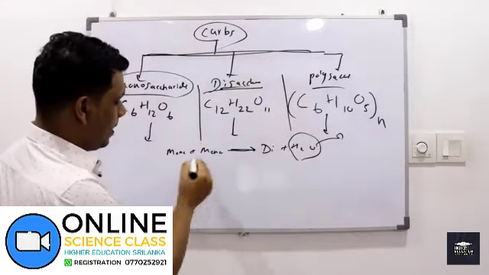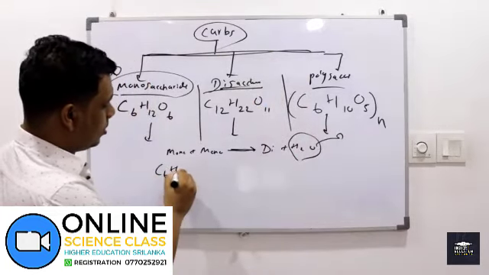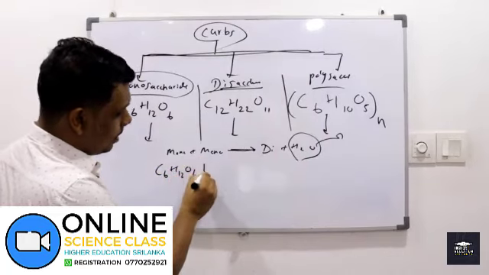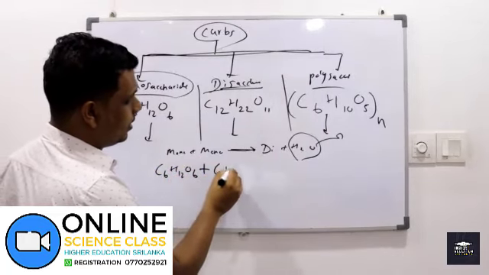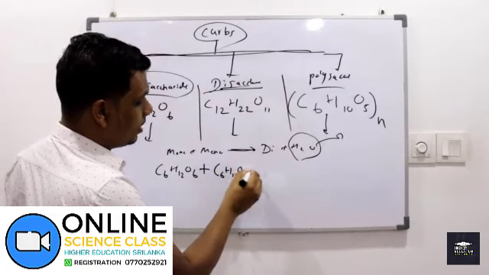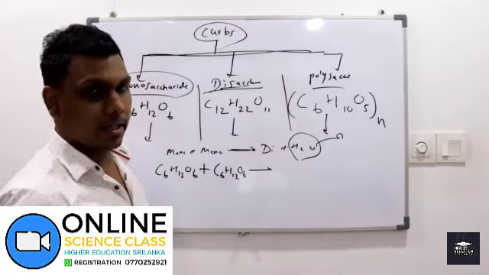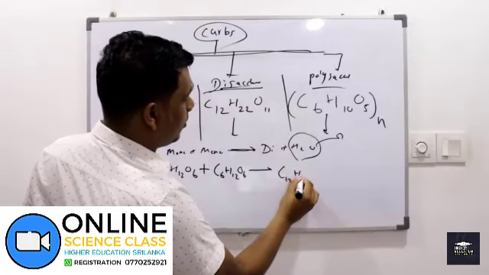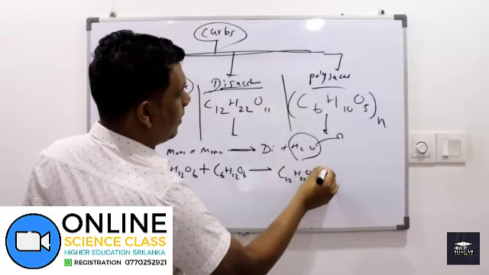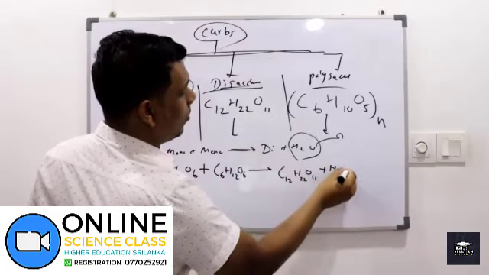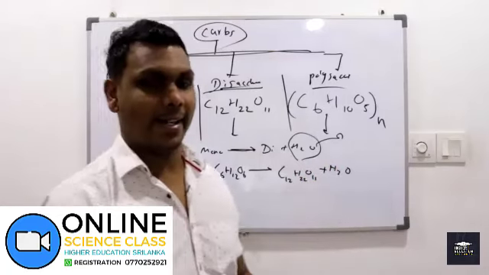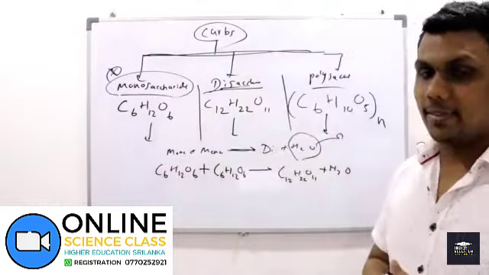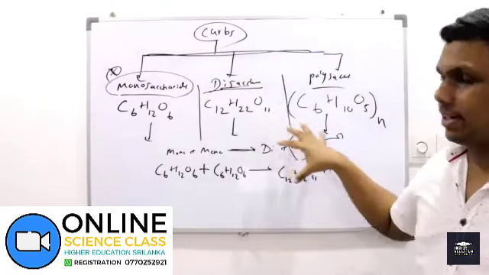So, make up new equation: C6H12O6 plus C6H12O6. Then half arrow එකක් දාගන්න. ඒකෙන් හැදෙනවා C12H22O11 plus H2O in the equation. ඕකනේ that is the question we had in our mind.